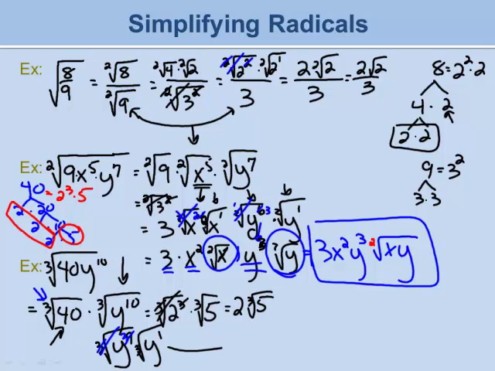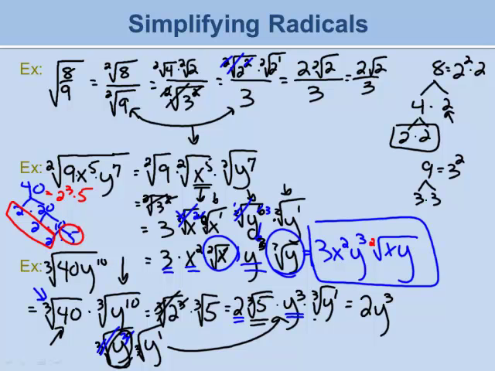And bringing this up here then, we've got the y cubed pulled out because the radical sign is gone, so y cubed times the cube root of y to the 1st, because our power is less than our index, that's simplest form. And now recombine, write the values without a radical sign first. So 2 times y cubed is 2y cubed.